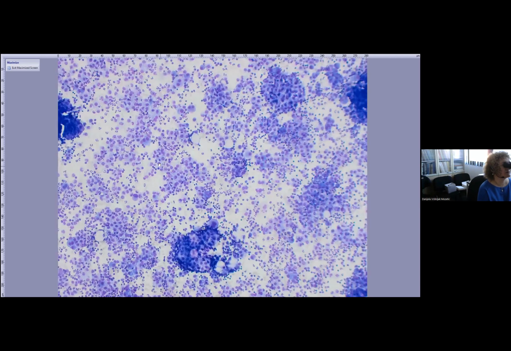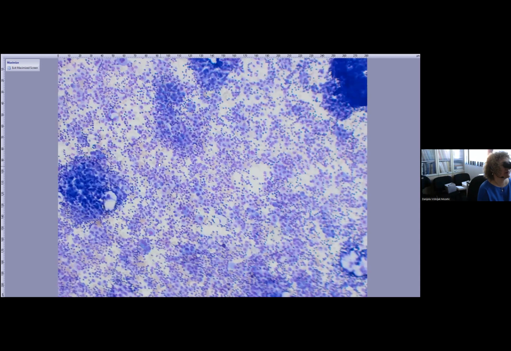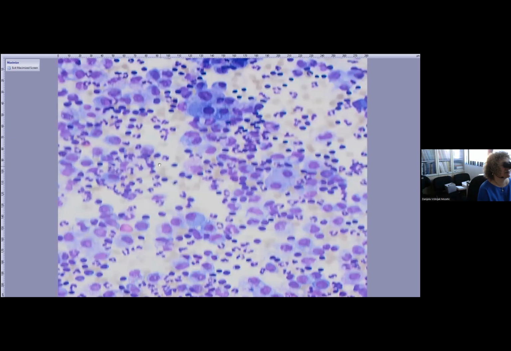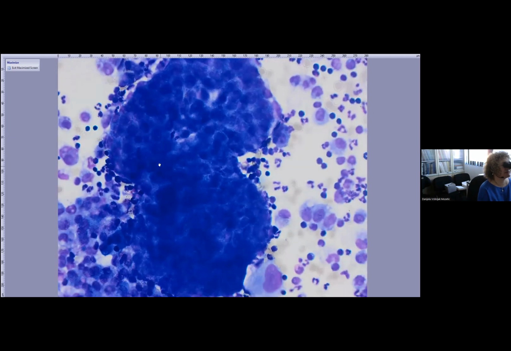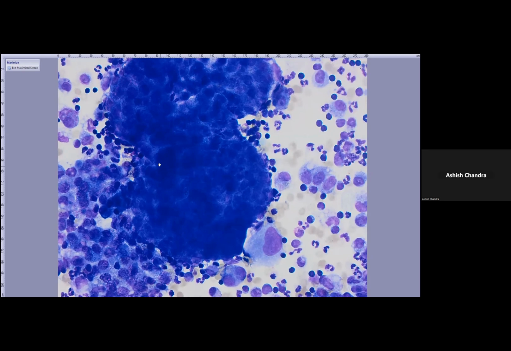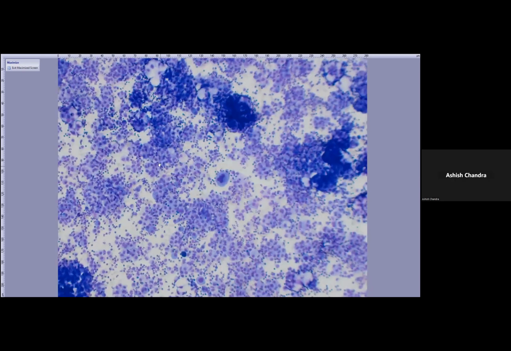So with vacuolization in some parts, and this dense, like clusters of the tumor cells. So huge three-dimensional overlapping nuclei, every feature of malignancy.